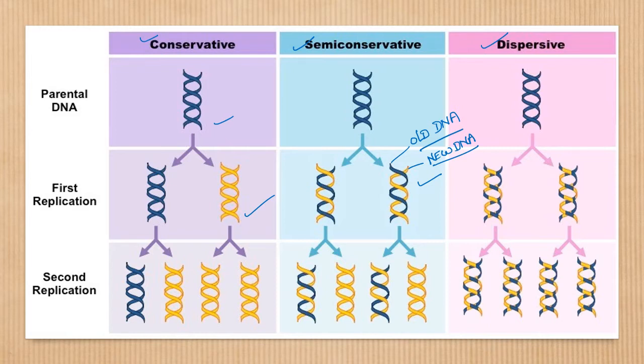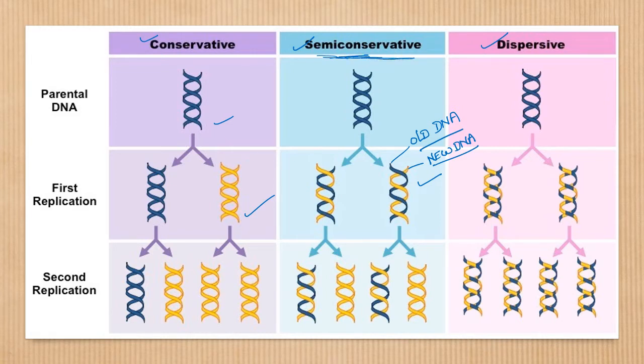The most widely accepted type of replication is semi-conservative replication. That's why in this concept there is an experimental proof for semi-conservative replication.